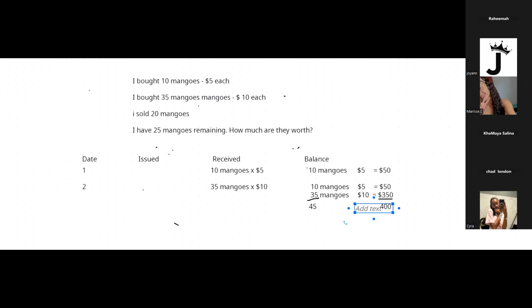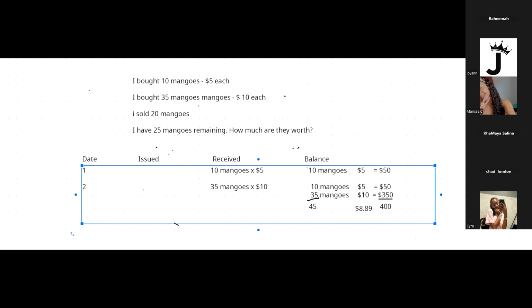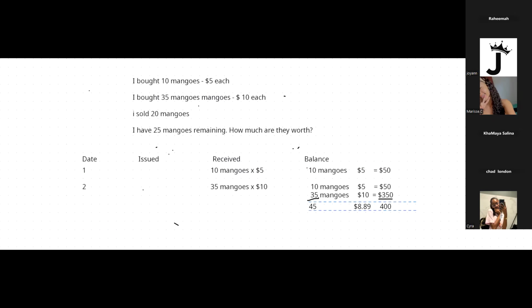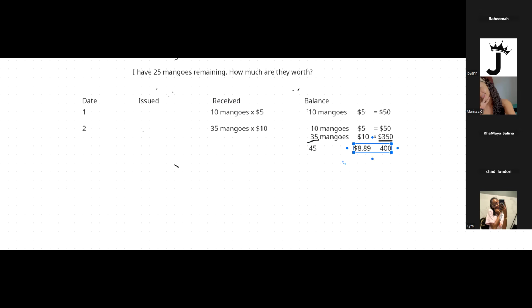So when I sell the 20 units, because I had 45 units and I sell 20, I have 25 mangoes remaining.